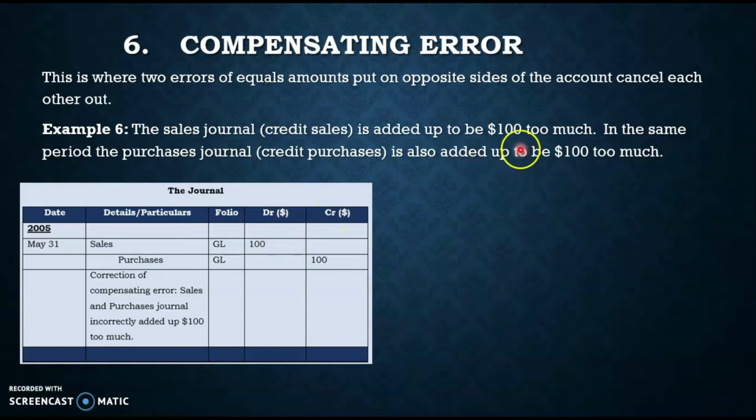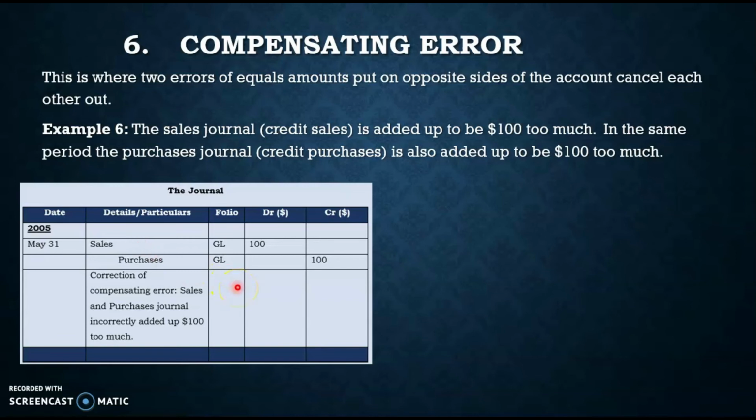If, however, it was where your sales was too small or undercast and your purchases was undercast by the 100, then we would have done the opposite. So we would have debited purchases with the amount it was undercast by and credit sales by the amount it was undercast by.